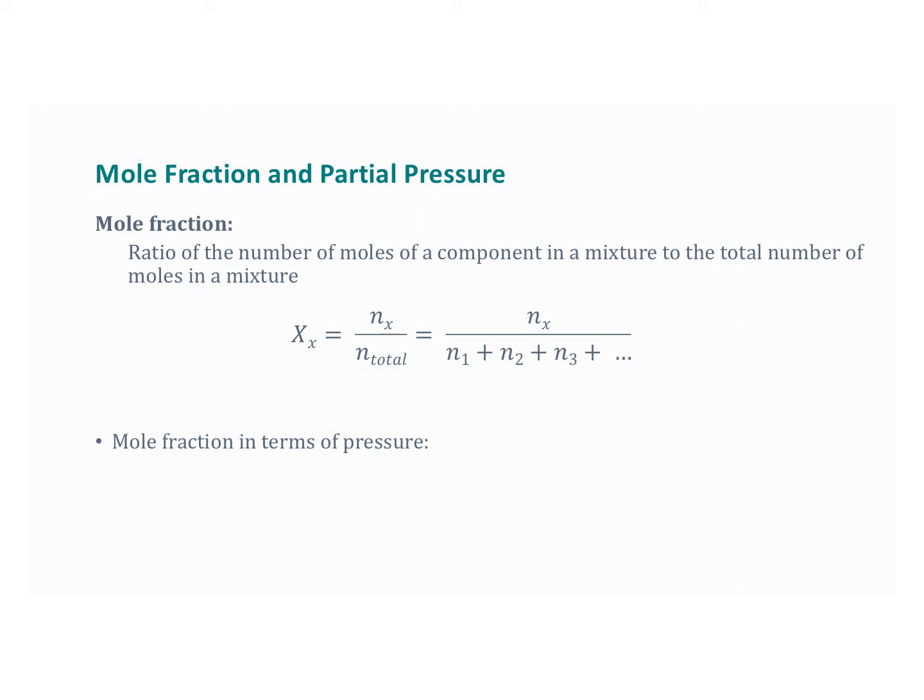When we look at the mole fraction in terms of pressure, we know the mole fraction equals the pressure or the partial pressure for whatever component, right? So if we have a mixture of two gases where we have the pressure total equals pressure 1 plus pressure 2, then that's going to be proportional to the number of moles of gas, right?